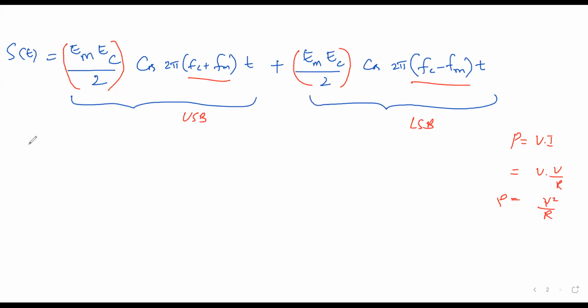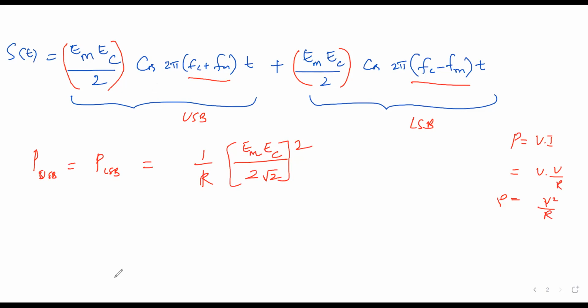So the RMS value of amplitude will become, so I am now writing the expression for power of upper sideband, which is equal to power of lower sideband, which is equal to 1 by R multiplied by V square. So that is the RMS value, Em Ec by 2 root 2 whole square.